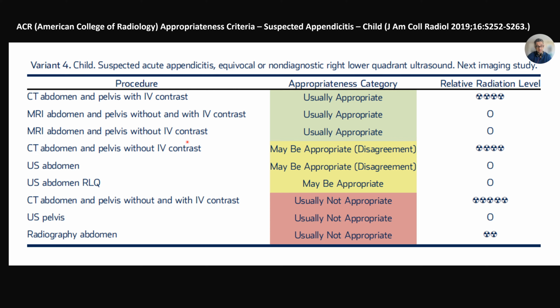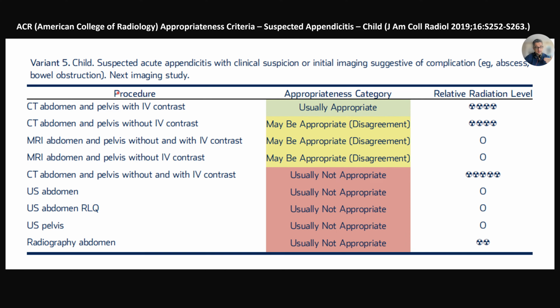As a rule of thumb, CT is always with IV contrast, and MRI can be done without IV contrast, and it's usually enough. We usually don't need contrast injection in MRI, but it's also appropriate with contrast injection. The important thing is we are not giving oral contrast, we are not giving rectal contrast in children.